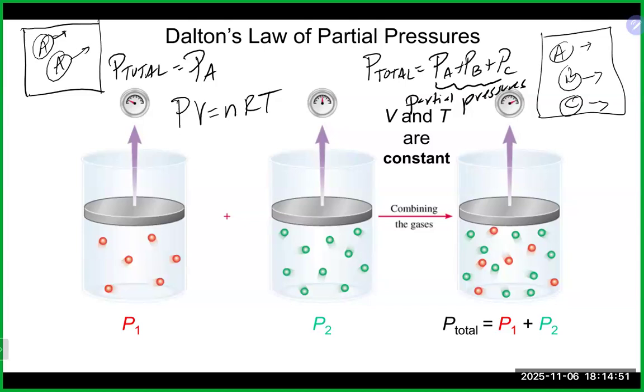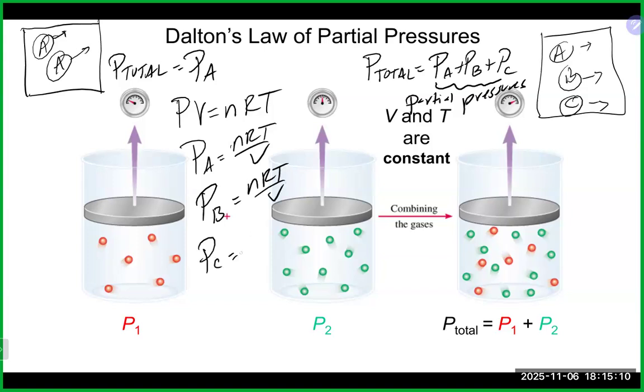We could use the ideal gas law for each of these gases individually. We would solve for the pressure of A, which would be nRT over V. We could solve for the partial pressure of B, also nRT over V. And lastly, the partial pressure of C, which would be nRT over V.